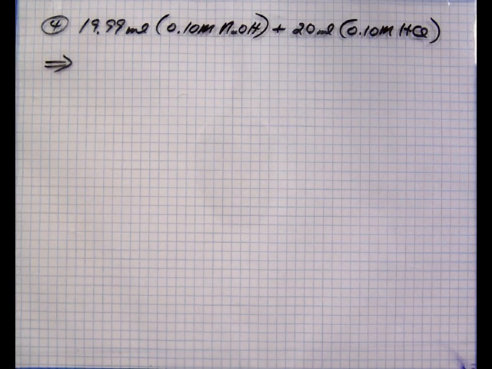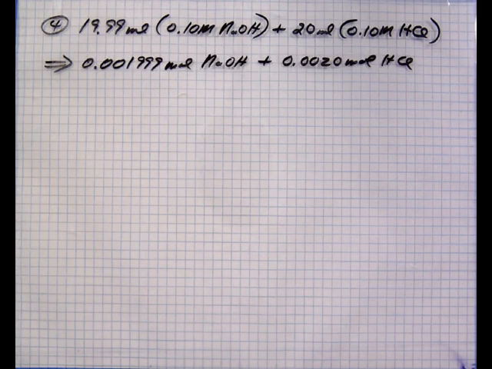So we're adding 19.99 milliliters of the 0.10 molar sodium hydroxide into the 20 milliliters of 0.1 molar. So molarity times volume in liters gives us 0.001999 mole of sodium hydroxide mixed in with 0.0020 mole of hydrochloric acid.